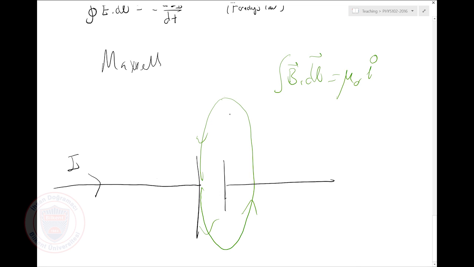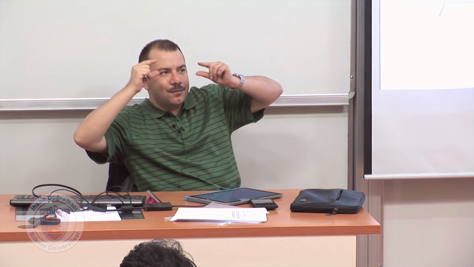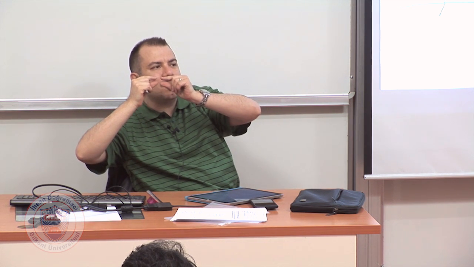So that the surface I'm interested in does not cross the wire at all. So there is no current passing through that surface. And the thing is, I can make this capacitor very, very small. The only thing I require is that the surface does not have any current passing through it.